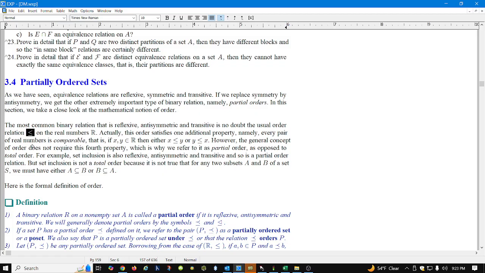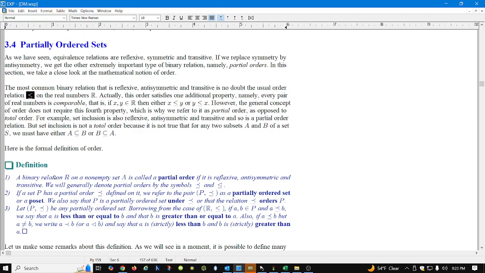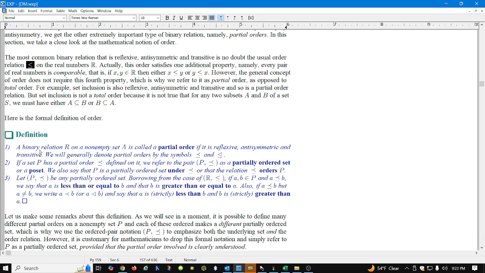So here's the formal definition of partial order. A binary relation R on a non-empty set A, that would be the underlying set, is called a partial order if it's reflexive, anti-symmetric, and transitive. And I'm going to use these two symbols most of the time.